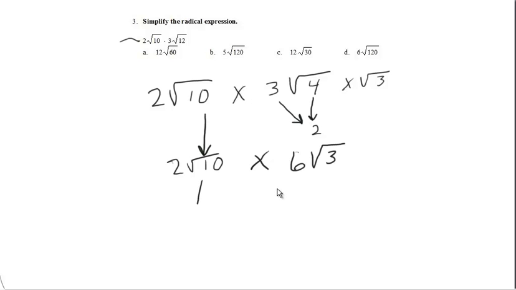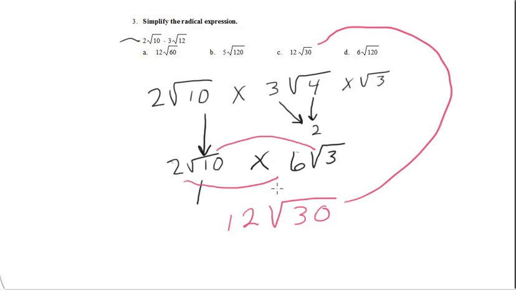So 2 times 6 is 12, and 10 times 3 is 30. So that matches right here: 12 times the square root of 30. So that's your answer for number 3.